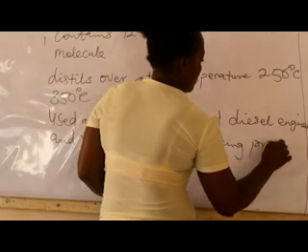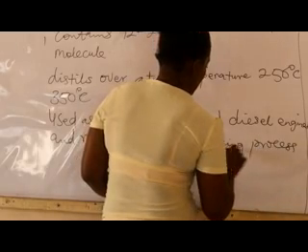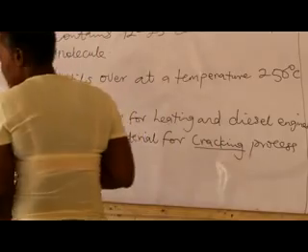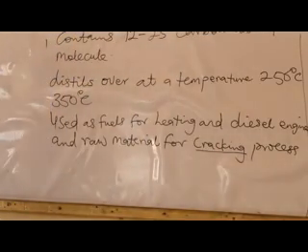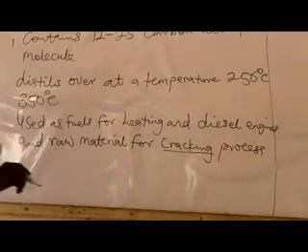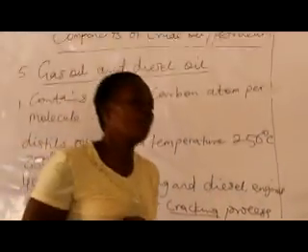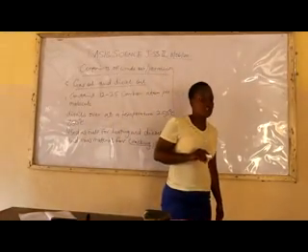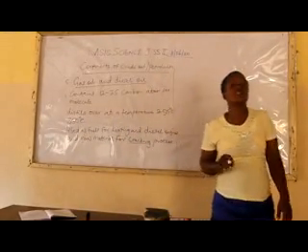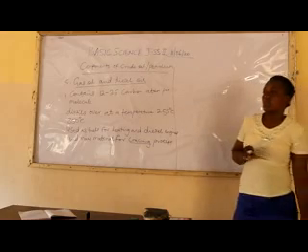Let me throw a little light on this cracking for you since you are in SS2. There is what we call cracking in crude oil. It means trying to make crude oil have a high quality, one that doesn't smoke much.